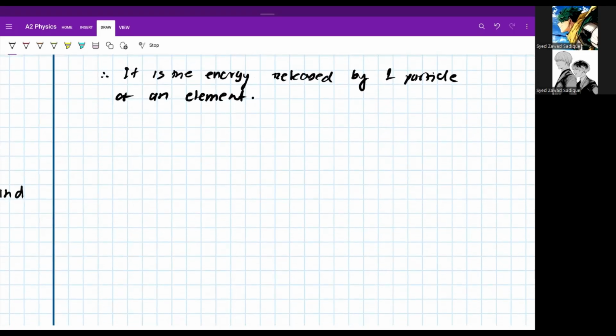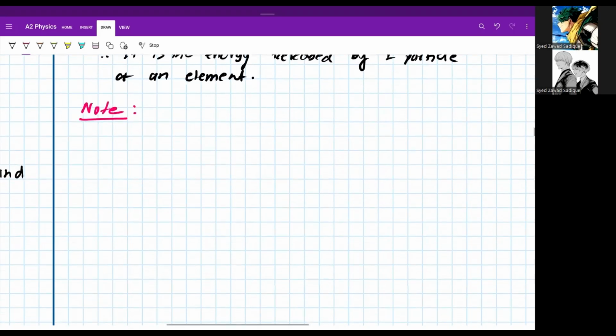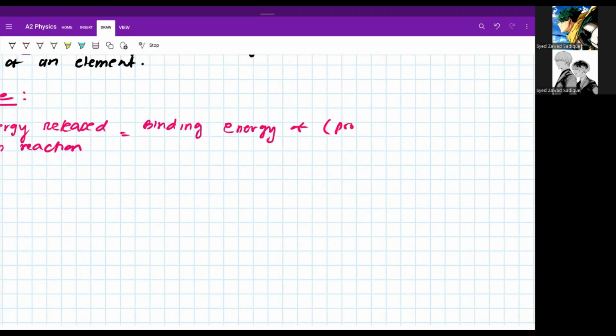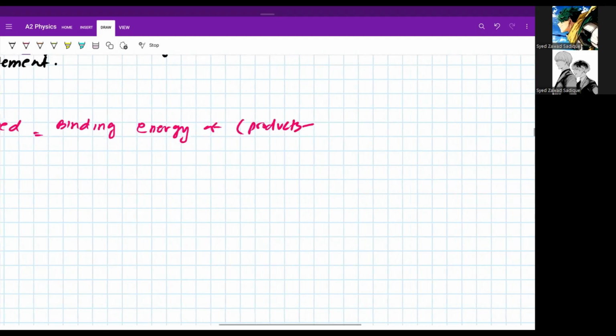Right. There's one more thing to note. Energy released in a reaction is equal to binding energy of products minus reactants.